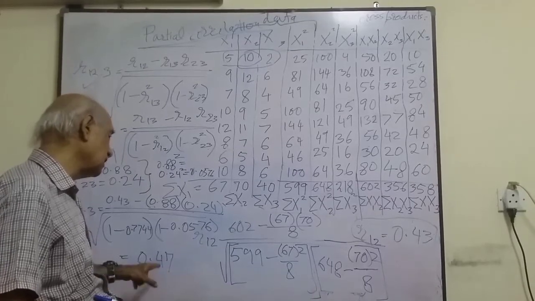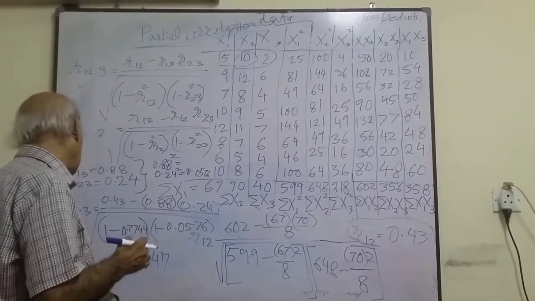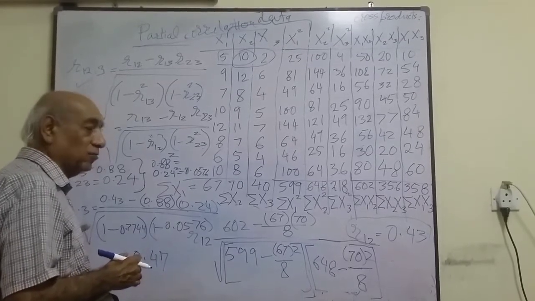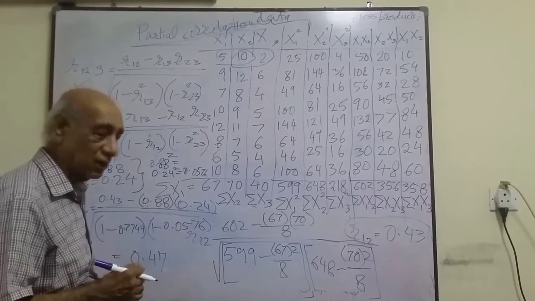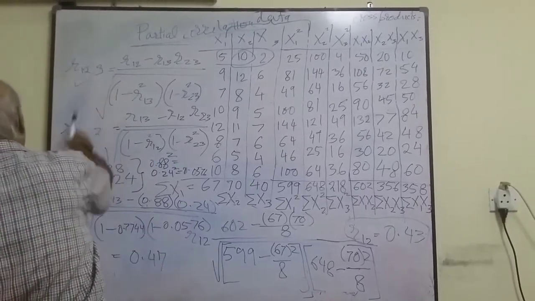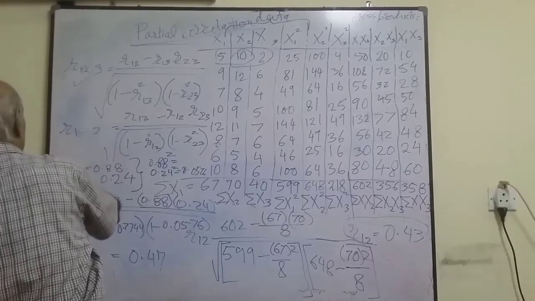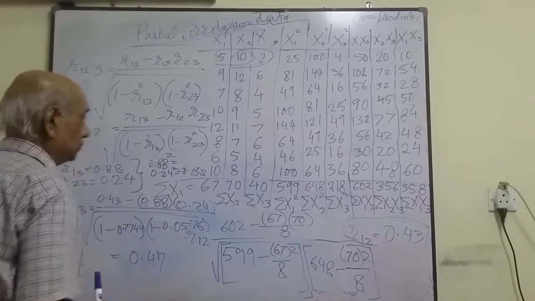What it means is, this is the partial correlation of R12 when variable 3 is held constant. In a similar way, you can find the values of R13.2 and R23.1.